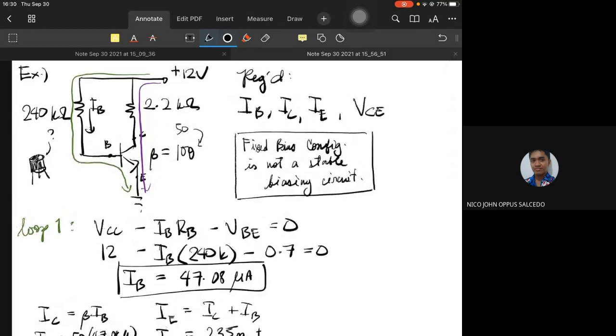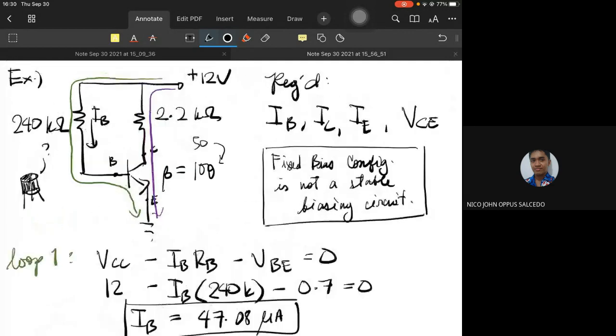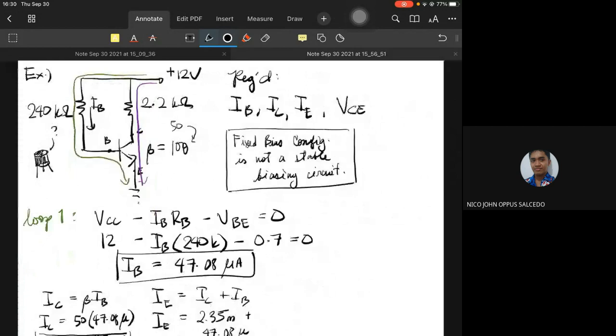But yes, this will do. The difference from the other, more stable circuits is just two, three, or one additional resistor. So it would be better, if it is an original design, to use those more stable and more complex biasing circuits rather than fixed bias.